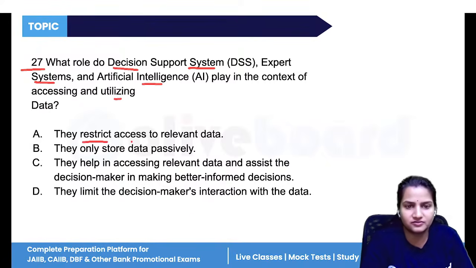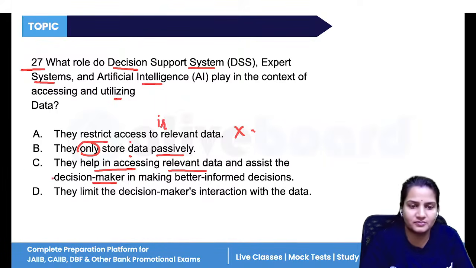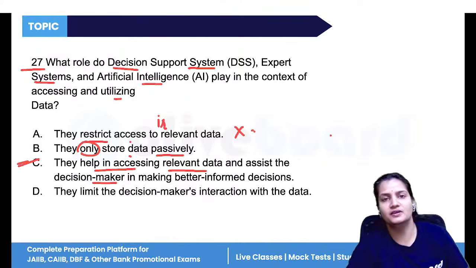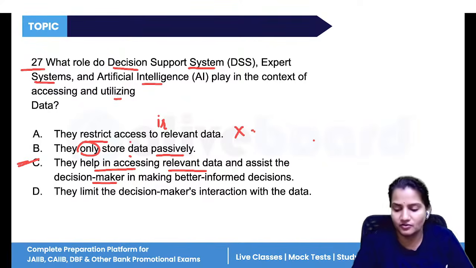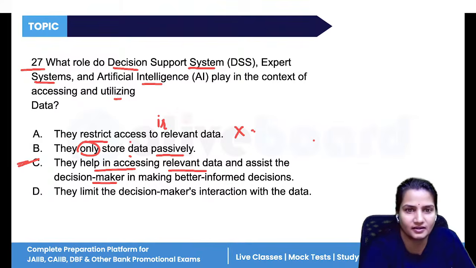Do these restrict the access of relevant data? No. If it was written irrelevant data, then yes, it would be the correct answer. They only store data passively? No, again, 'only' is there. It helps in accessing relevant data and assisting the decision maker so that informed decisions could be made for the company. So option C is the correct answer.